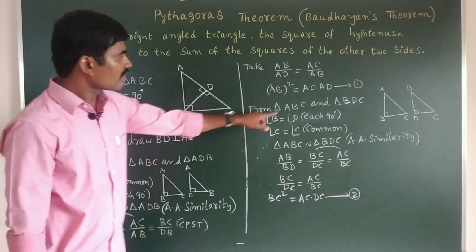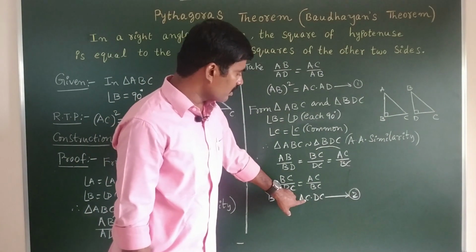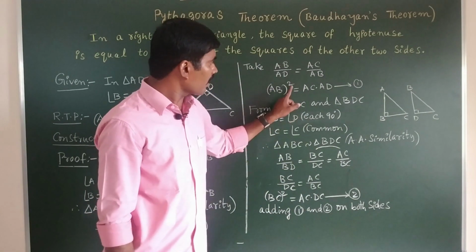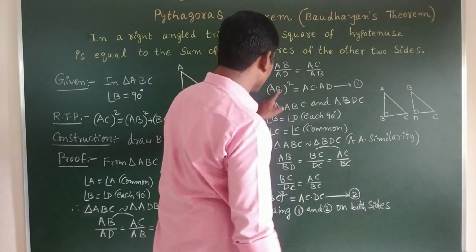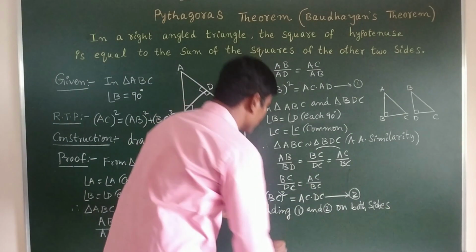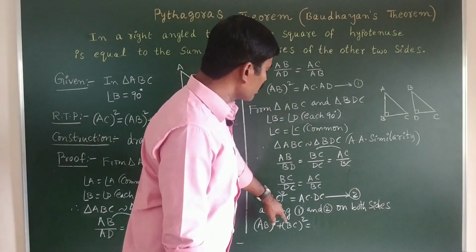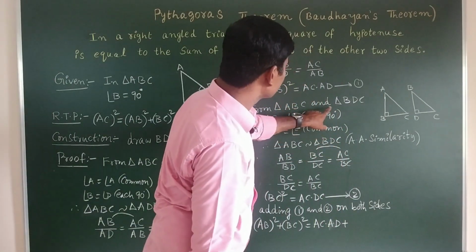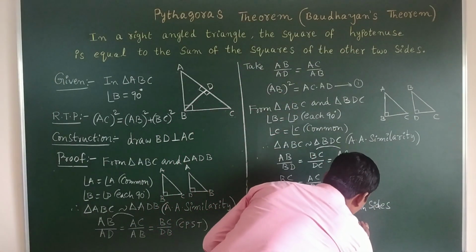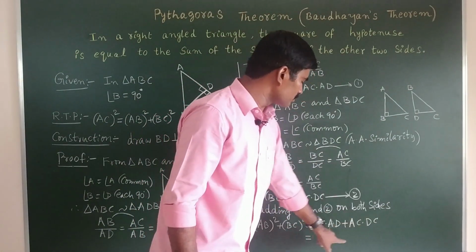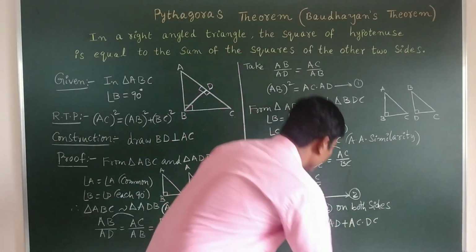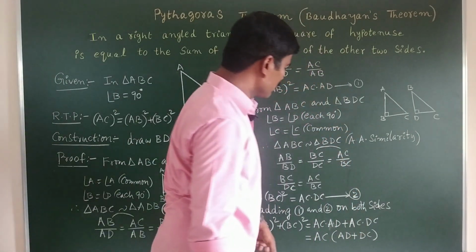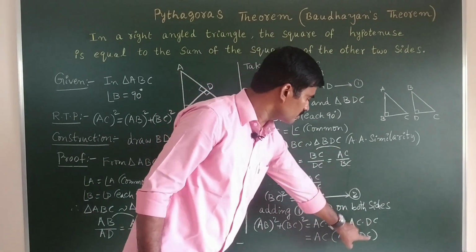Adding equation 1 and equation 2 on both sides, we get AB square plus BC square on the left hand side. Now add the right hand sides, AC into AD plus AC into DC. In both terms, AC is common, so take common AC, then AD plus DC remains.